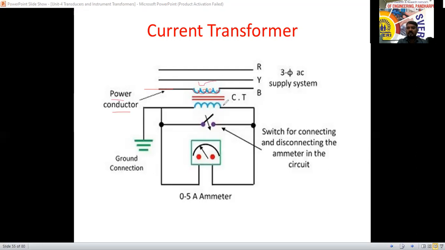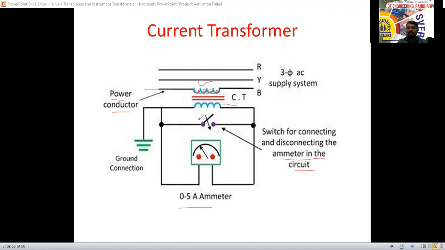Next, the secondary winding we have taken here, and we have connected one switch for connecting and disconnecting the meter in the circuit. Now, suppose we want to measure the current by stepping it down to 0 to 5 ampere.